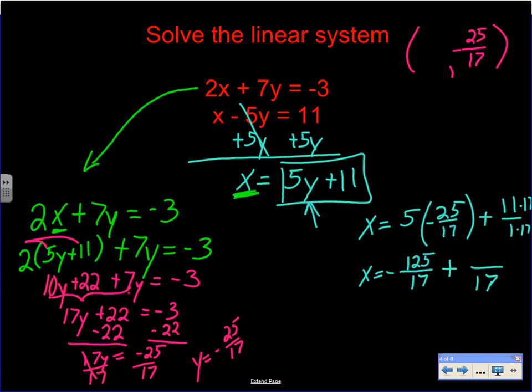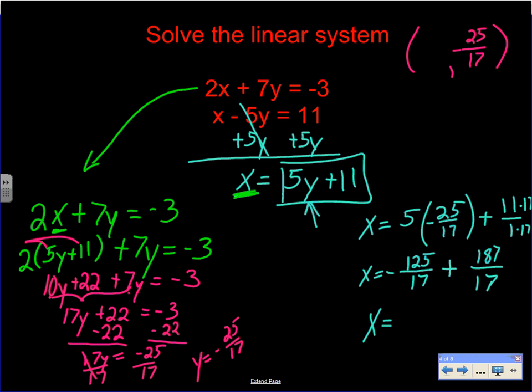And 11 times 17, I believe it's 187. 17, yeah, 187. And so now this is what we're working with.